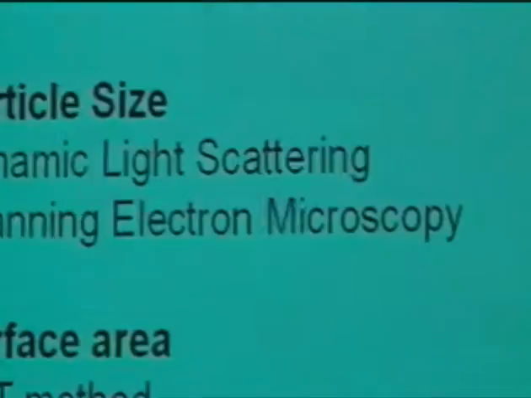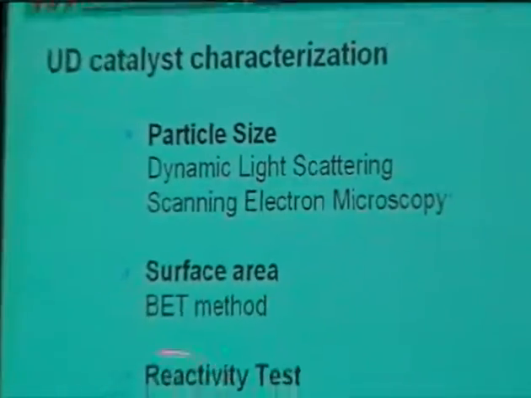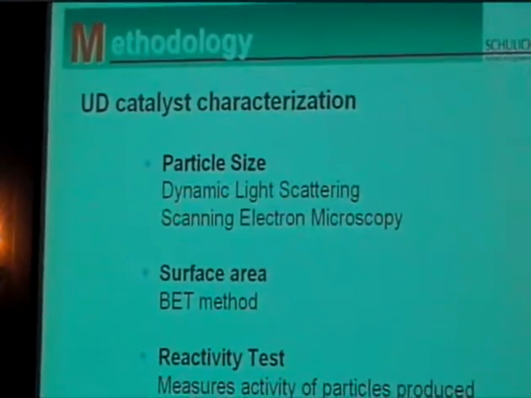Now, the problem with the other characterization that we perform on this catalyst is that we have to remove the catalyst from the oil phase in order to measure the BET area and do the activity tests.